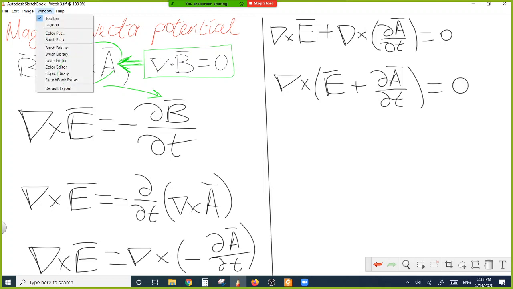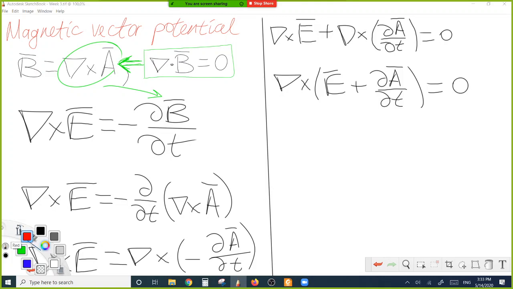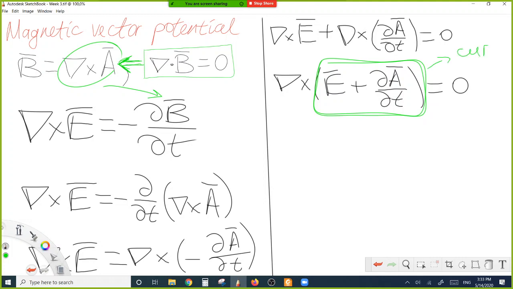Now what do we have? We have a vector field which is curl free, which means the rotor of this vector field is 0.